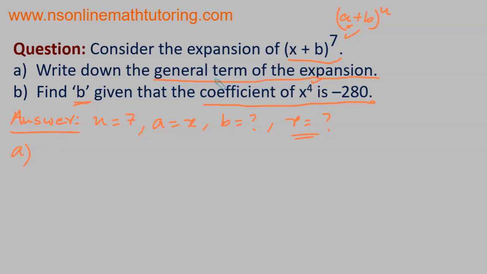So let us start with subpart A. They have asked for the general term of the expansion, so we will be giving them the general term. Even if you are not asked for the general term of the expansion, you have to always start with the general term.